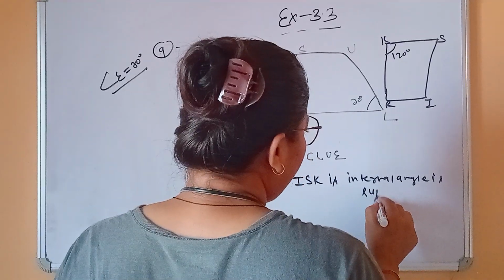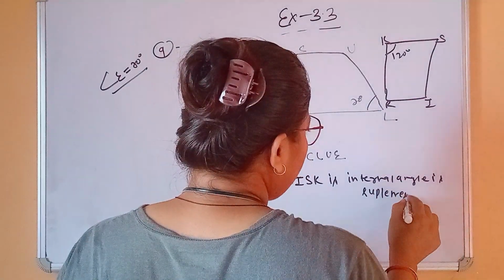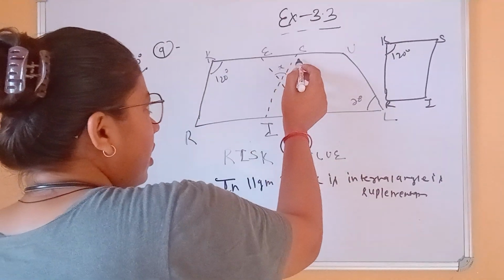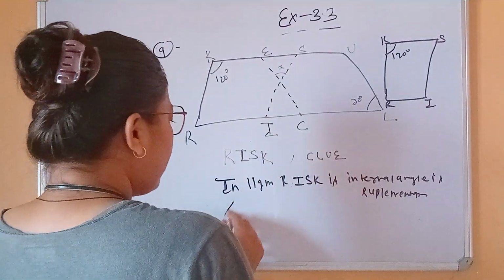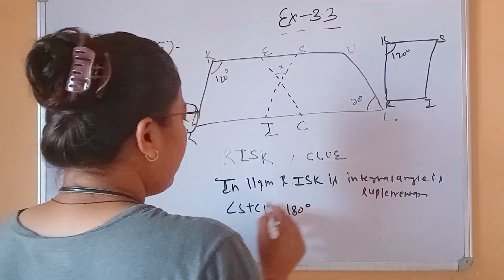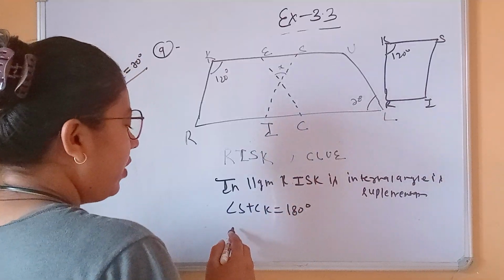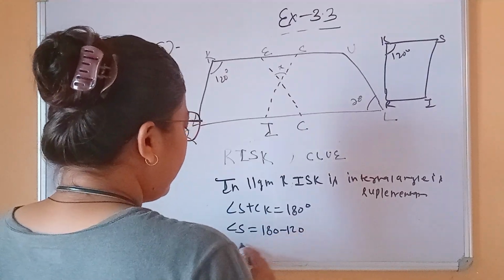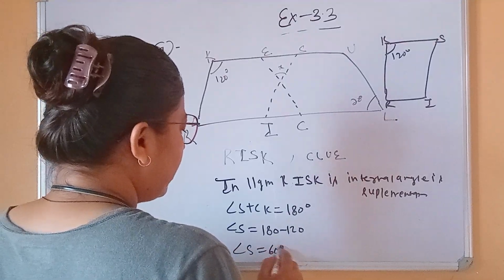Okay, supplementary. That means you understand angle S plus angle K is equals to 180 degree. So from here angle K is given 120, then angle S is equals to 180 minus 120, that is 60 degree.